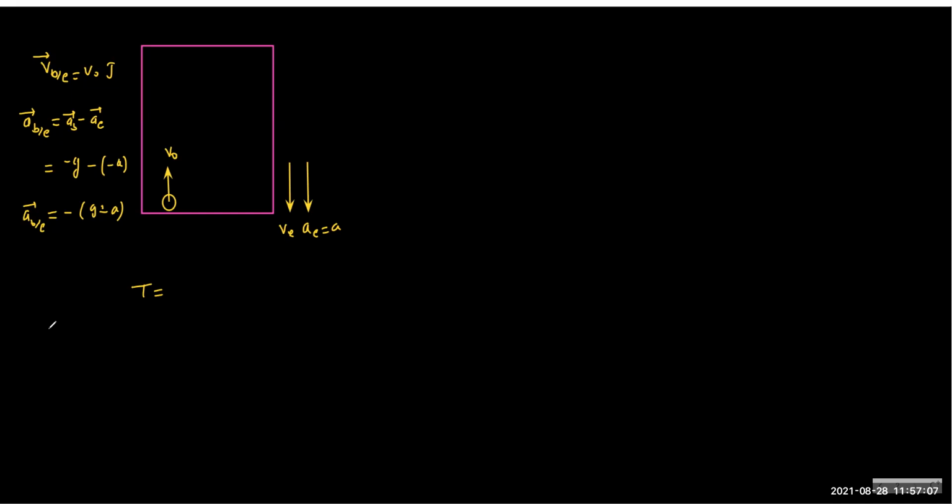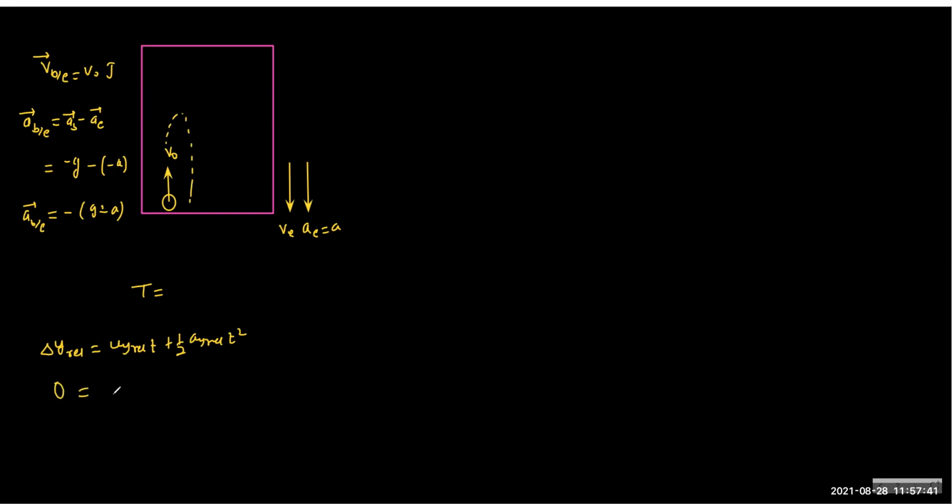Now, do we need to solve it this way? No, no need. You can write delta y relative equals u_y relative into t plus half a_y relative into t squared, in the vertical axis of course. You can just write like this without thinking much. In the elevator frame the ball goes up and comes down, so delta y is always zero.